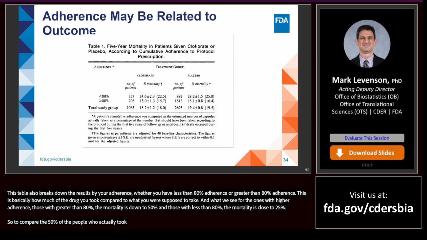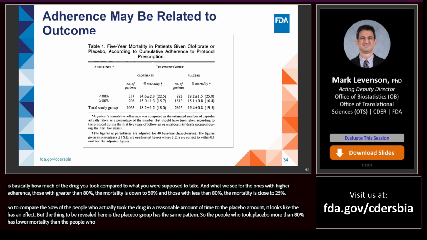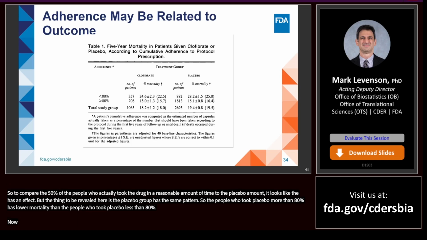But the thing to be revealed here is the placebo group has the same pattern. So the people who took placebo more than 80% have lower mortality than the people who took placebo less than 80%. Now, obviously, taking placebo more is not going to affect your mortality. What's really being demonstrated here is the people who have a higher adherence are different from the people who have lower adherence.